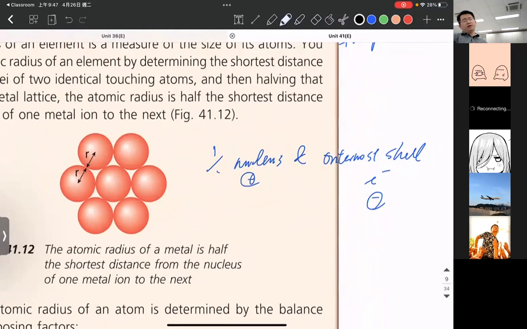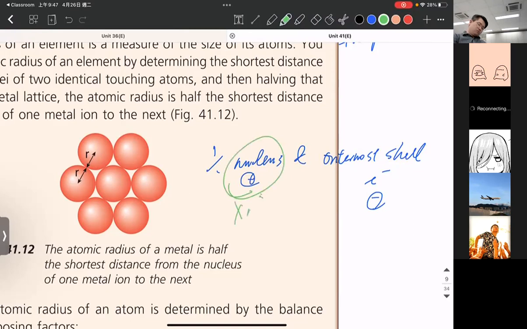Recalling the memory about metallic bond, the definition is the attraction between the metal ions and the localized electrons, right? But for this part, you are mentioning the nucleus. Attraction between the nucleus and outermost shell electrons is different. The difference is here.